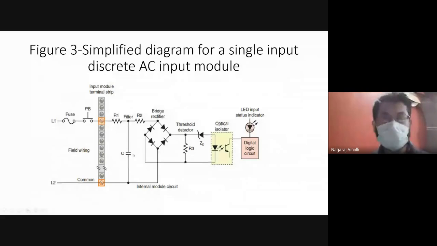How it removes noise depends on the value of the capacitor. Based on the frequency of the input signal, the capacitor will act like either an open circuit or a closed circuit. Xc is equal to 1 upon 2 pi Fc. If C value is more, Xc will be very less, so the current flowing will be more; it is a short circuit.